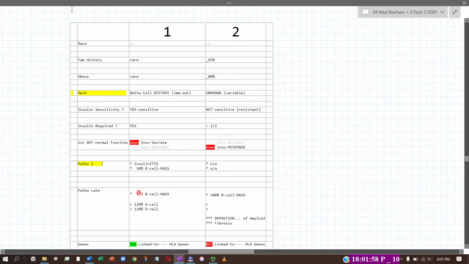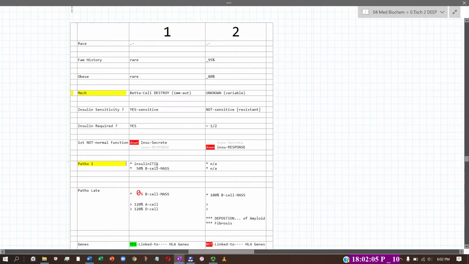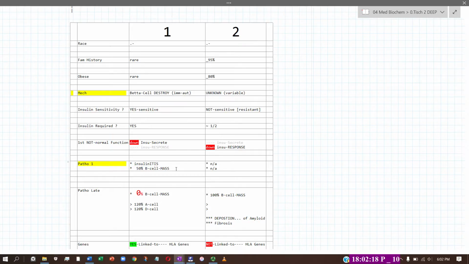pathology. Well, pathology 1, because the 1 stands for first. So early pathology, you have insulinitis, and also you have reduced B cell mass, beta cell mass. Here B cell doesn't stand for B cell of the immune response, it just stands for beta.